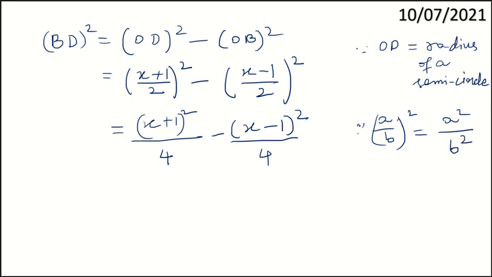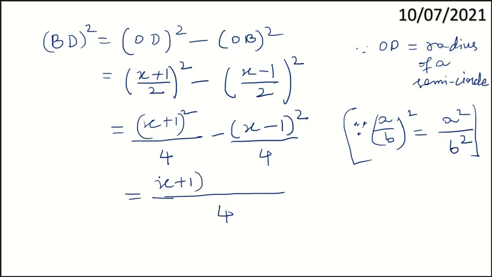This you learnt in your class 8 squares and square roots chapter. Then moving further, 4 is the denominator for both, so the common LCM is 4 only. It becomes (x plus 1) whole square minus (x minus 1) whole square, by 4. This is the length of BD square.